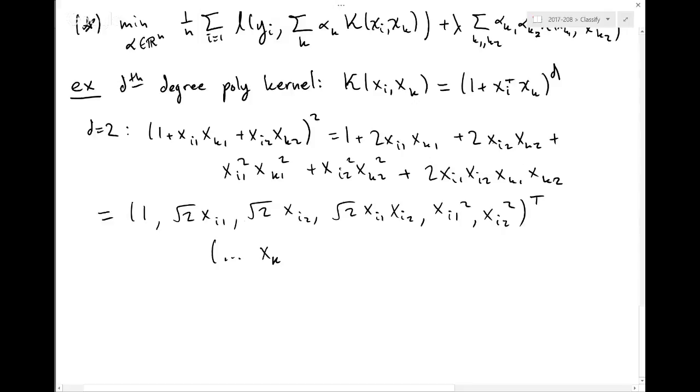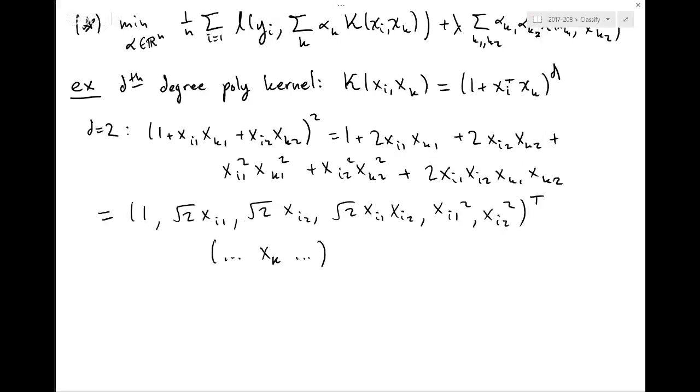So I'm just going to write that as the ellipsis, because when we take 1 times 1, we get this 1 term here, root 2 xi1 times root 2 xk1, we get it here, and so on.